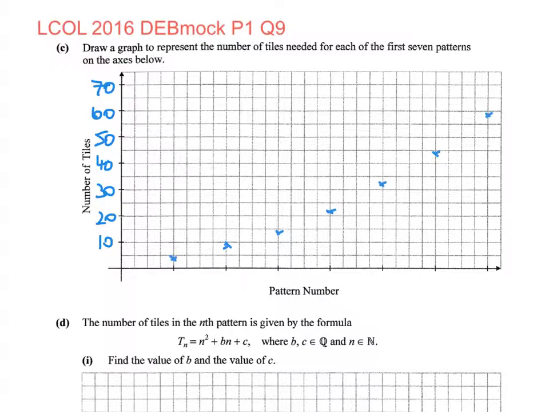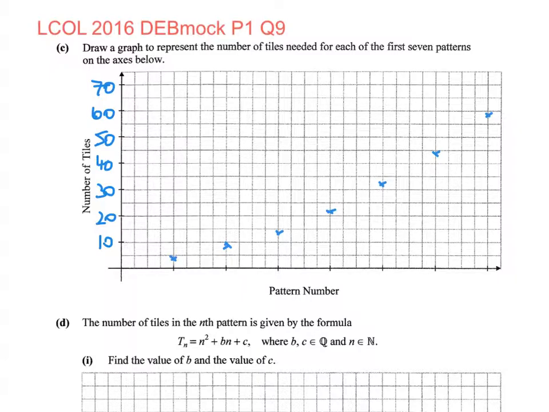And you'd be expected then to, well, you don't necessarily need to actually connect up in between, because it's a step thing. There's not actually a continuous drawing through this. You don't have the 3.5 term to know that there's going to be approximately 17 or 18 tiles. It's a bit of a nonsense, really.